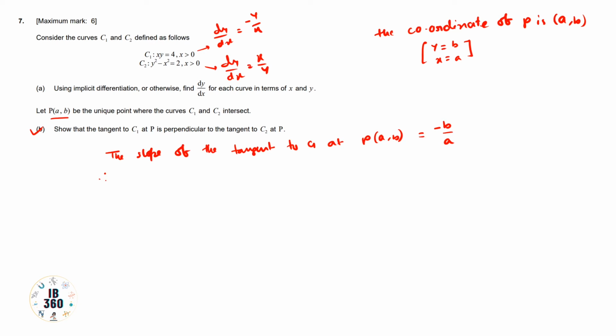And in the same way we can write the slope of the tangent to C2 at P, a comma b, which is x by y, so it will be a by b. And from the rule we know that for two tangents with slopes m1 and m2, the condition for perpendicular is m1 into m2 equals minus 1.